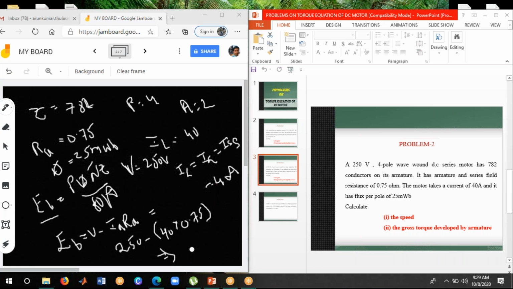So the answer is 230 volts. Now you have to check whether this answer is correct or not. The back EMF value is always less than the supply voltage. We give an input voltage of 250 volts, and EB should be less than that. Then only your answer is correct.